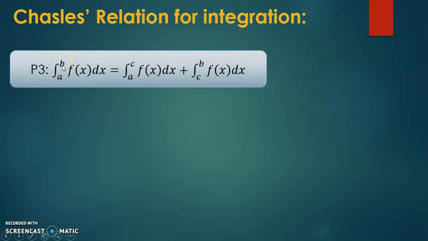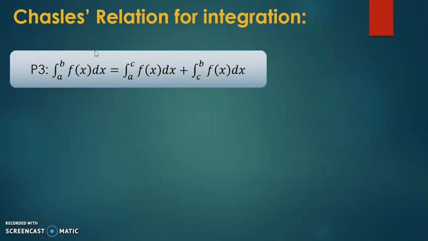You choose any number, we call it here c, so it'll be from a to c plus from c to b, like this. But as I said at the beginning of the properties, we're assuming that the function is continuous over the interval that we're integrating on. So it's continuous on the intervals AC and CB and AB.